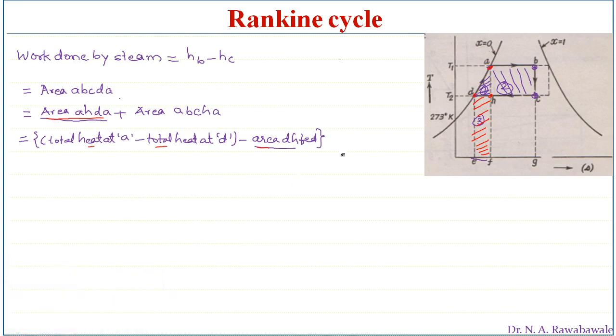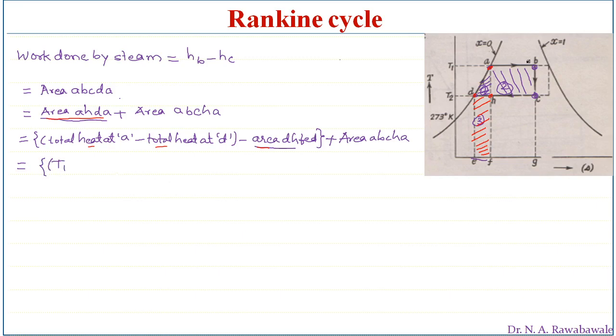Now coming to the second part, this area ABCHA we write as it is, area ABCHA. Now coming to this, total heat at A is given by temperature T1.